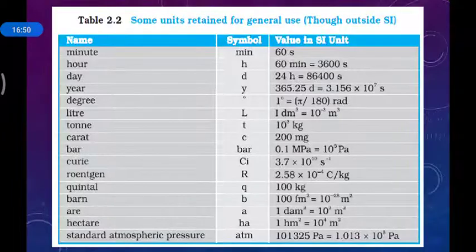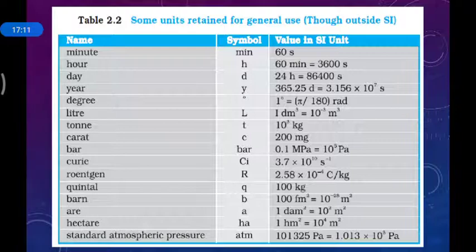Here is one more list, some units retained for general use. Minute is 60 seconds. Hour is 3600 seconds. Then day, with 24 hours, that much seconds. Year. Degree, meaning 1 degree is pi upon 180 radian. Liter.